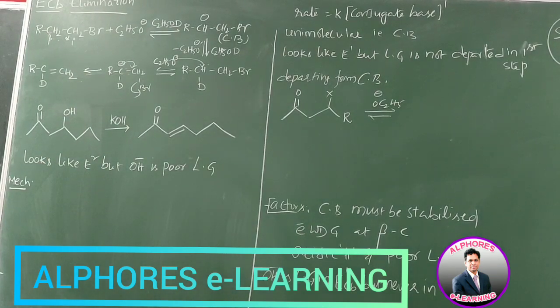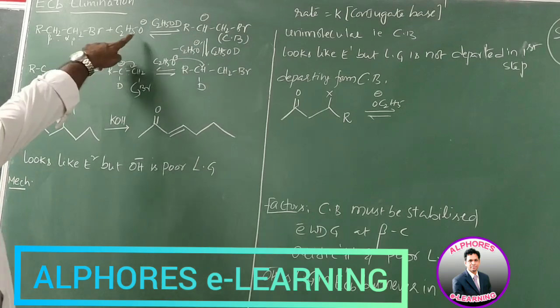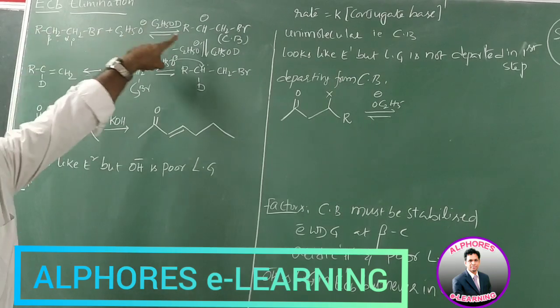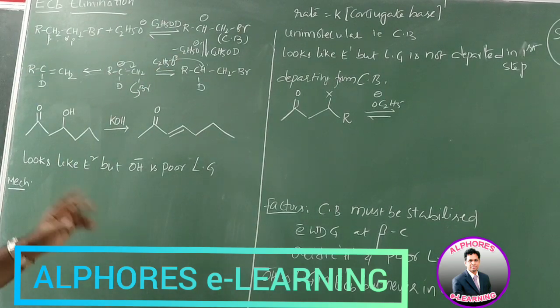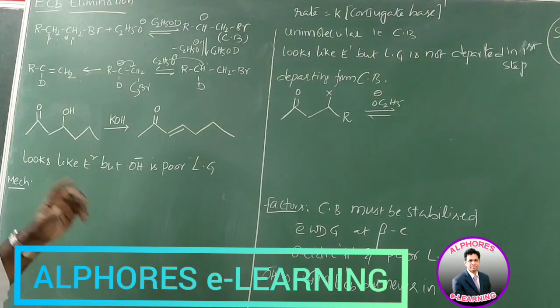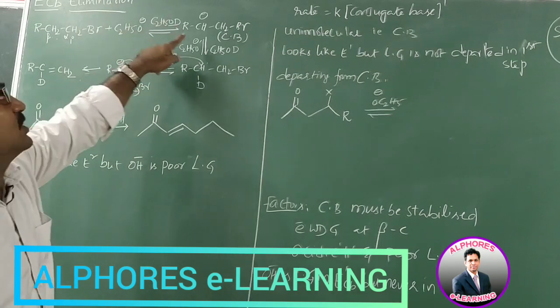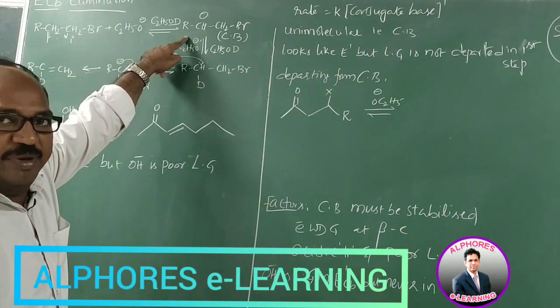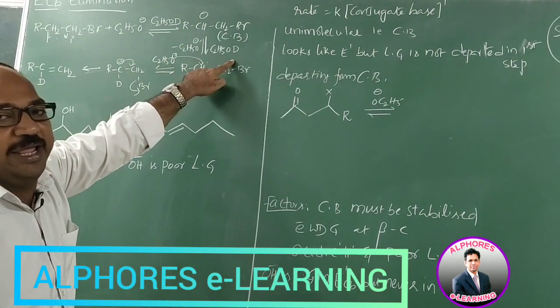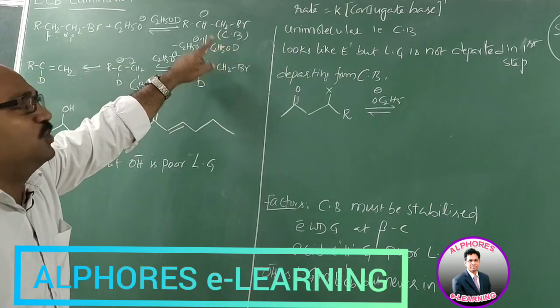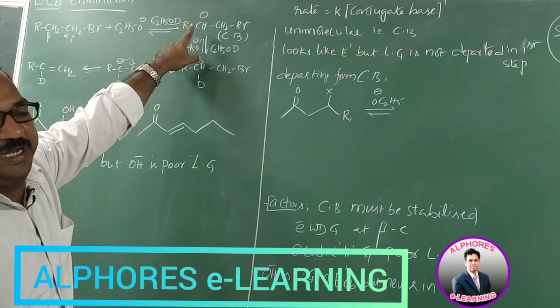Once again, have a look. Ethoxide ion first abstracts a proton from the beta carbon containing hydrogen, and it leaves a carbanion. As I mentioned, the carbanion formed is nothing but the conjugate base. This conjugate base, being a base, abstracts a proton again from the solvent. But here the solvent is deuteroethyl alcohol, so it is going to abstract D plus.